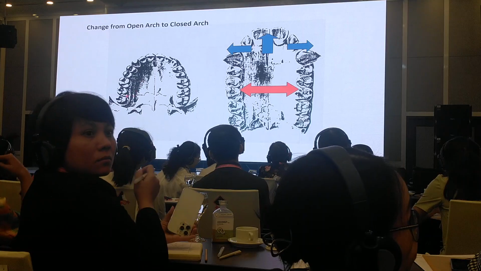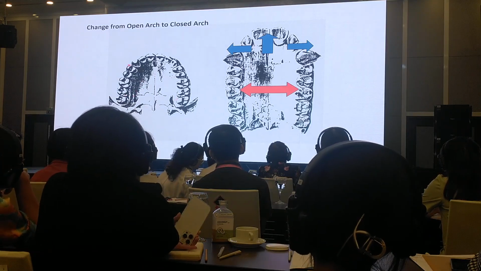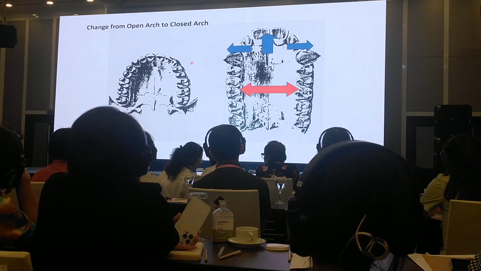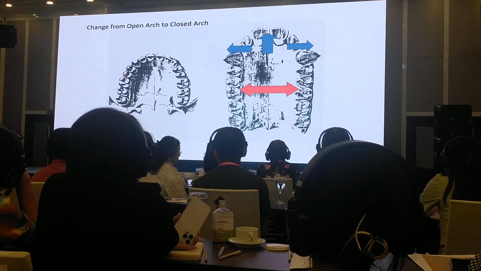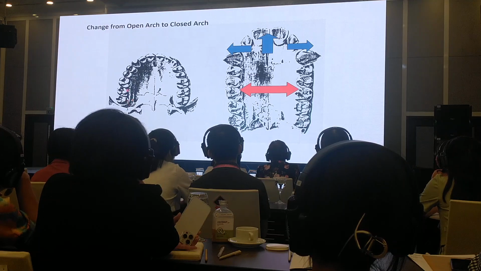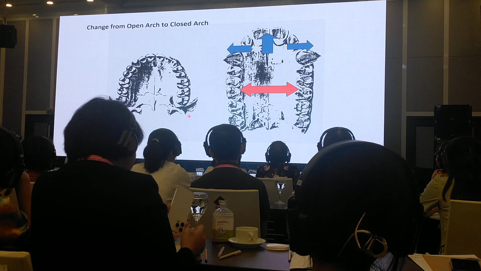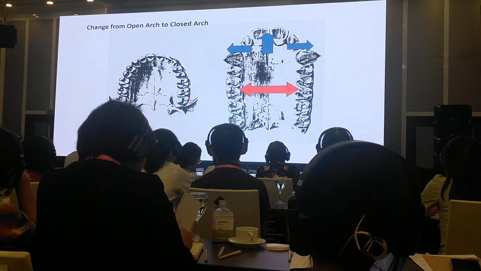But our dentition, what do you think? Well, the canine is integrated into this arch. Then the mandible has to work inside of this arch. Right? This is very, very hard work.